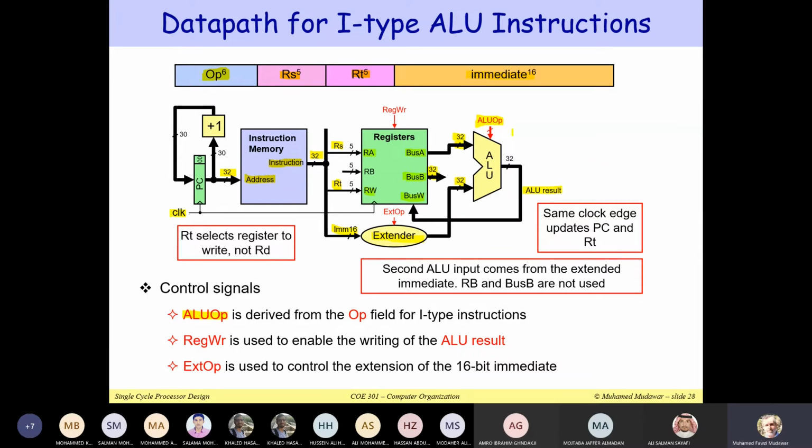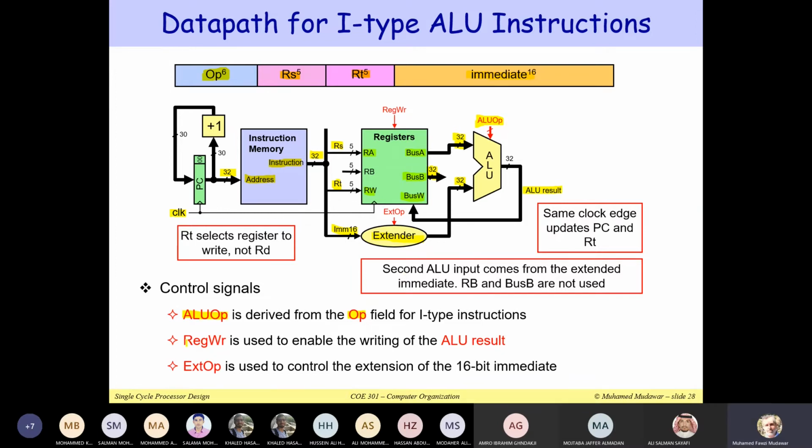Therefore, we have to control this ALU. This is the meaning of the ALU operation, and we derive it from the opcode field. This is not really shown in this slide. I'll come back to it later: how do we control the ALU? We need ALU control logic, specifically to derive the ALU operation.